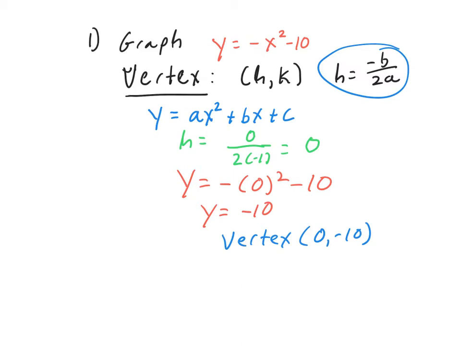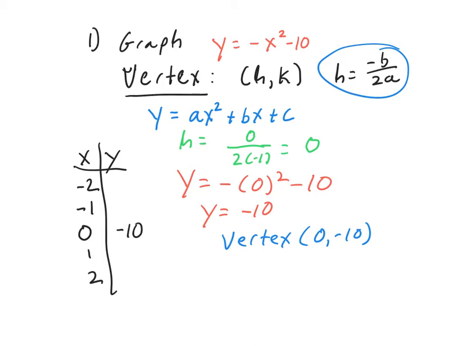Okay, so next step is make a table. And we use the vertex for our middle value. And what I mean by middle value is the 0 for x, that's our middle value. So we're going to do 0, then 2 below, and then 2 above. And 0 was negative 10.